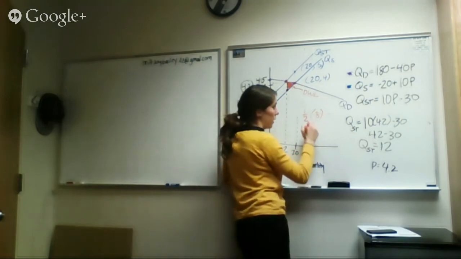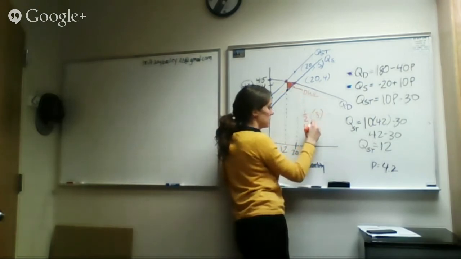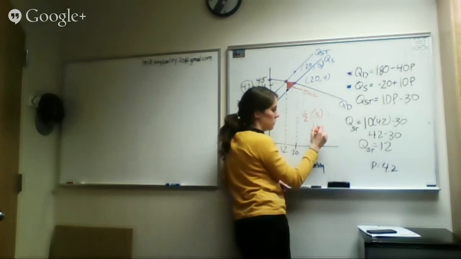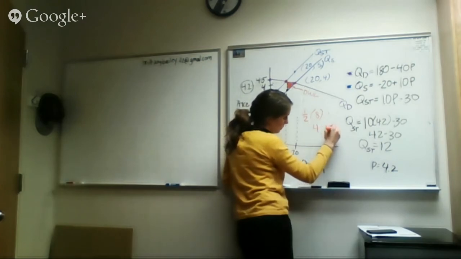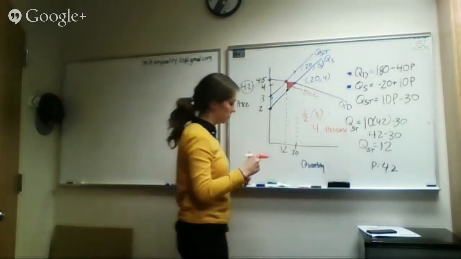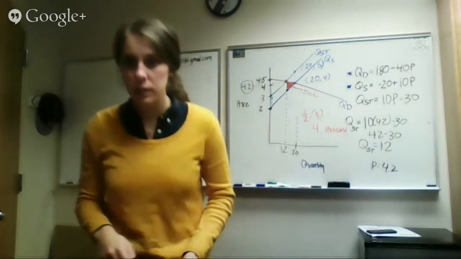So the area of that deadweight loss is going to be 4,000. Yeah, because this is in thousands. So the deadweight loss is 4,000.